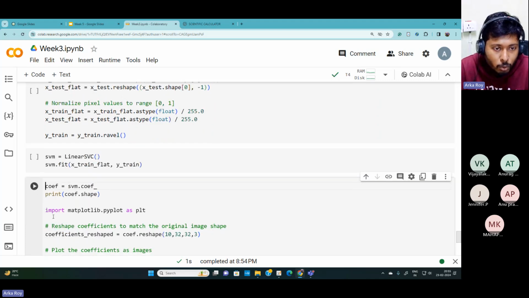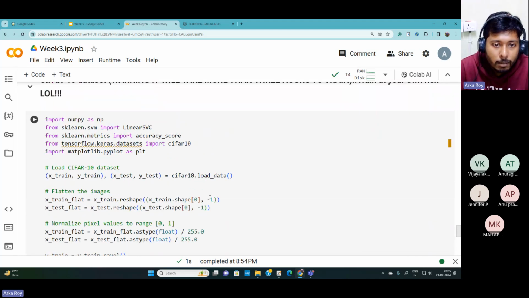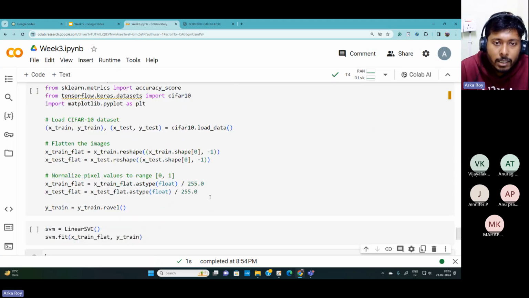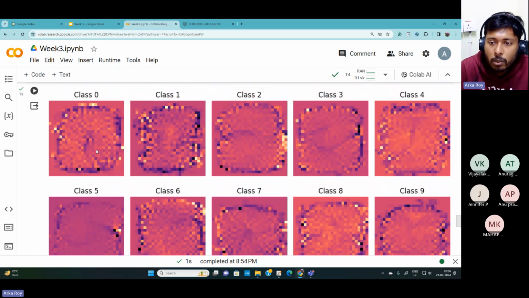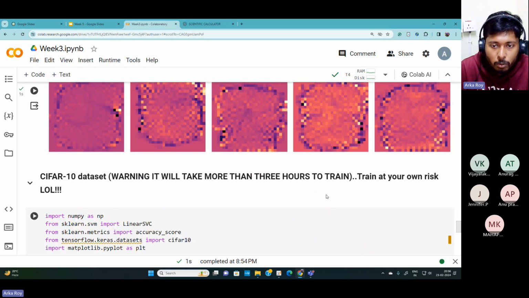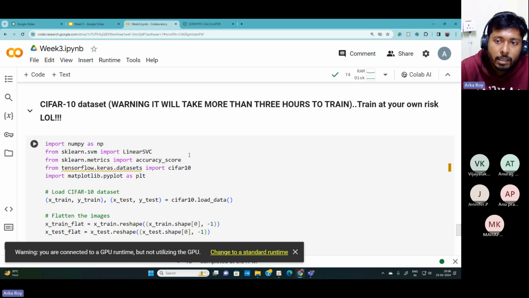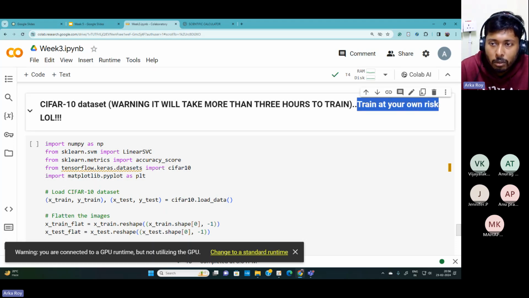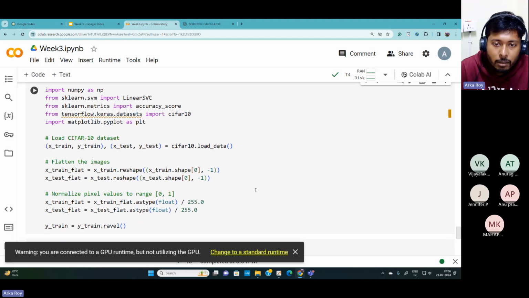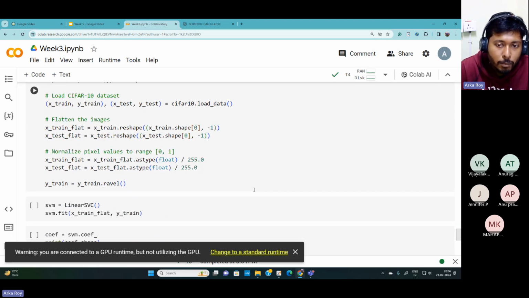If your system has good hardware, you can train it. Otherwise, this is just to show you how the template looks for each class. Using this code, you can replicate the same for the CIFAR-10 dataset. That is why I have commented it out. Train at your own risk, because it will take minimum 4 or 5 hours on a normal machine.